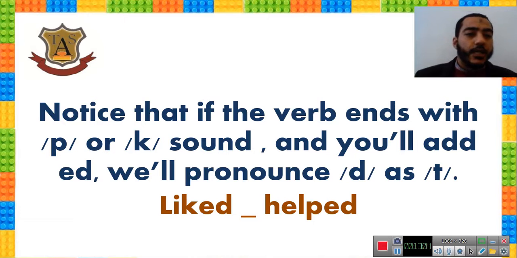Help ends with p sound. If we add d to it to make it past, we pronounce d as t. Help, helped. Skip, skipped, etc.